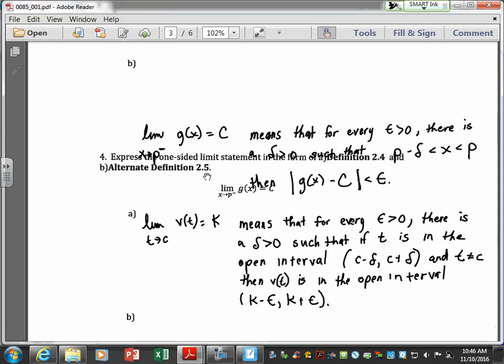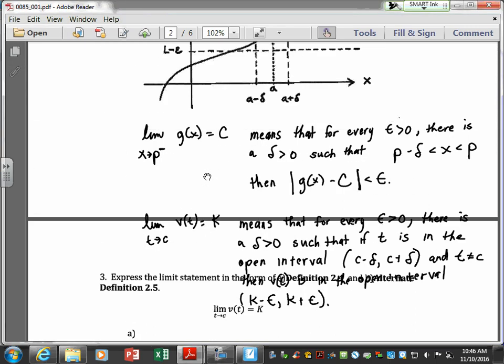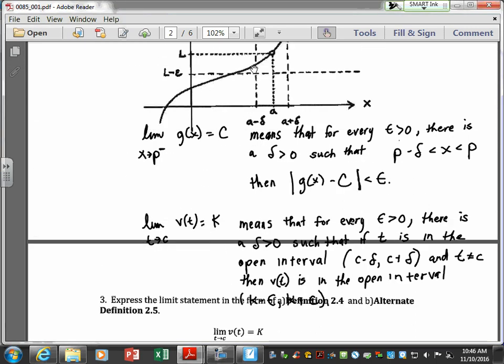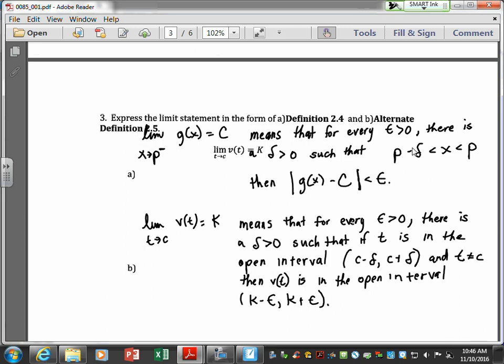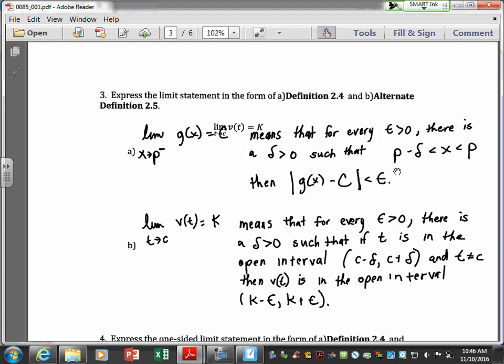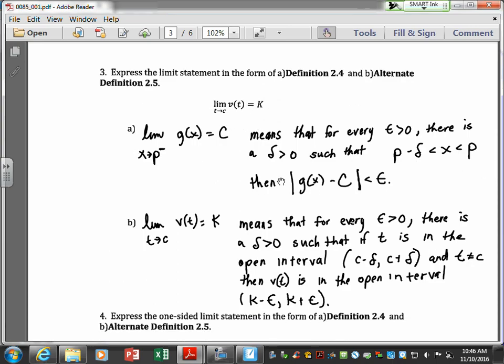What's the left-hand side considered? It's just this particular side, so that's why we didn't have to consider the other side. What would it be if I had a right-hand limit? Yes, we would have it on the other side, between p and p plus delta. Good. And then this part stayed the same. Our function changed to g of x, and our limit was c.